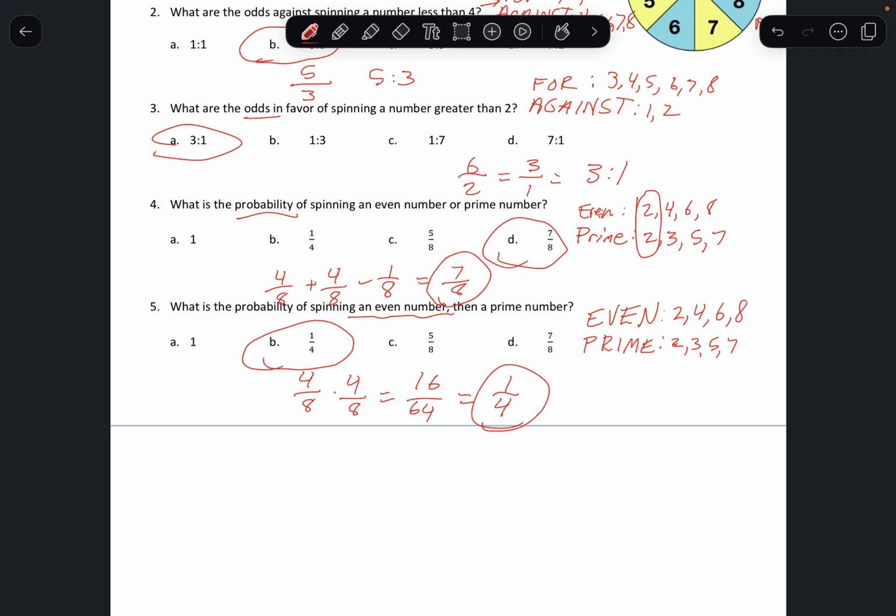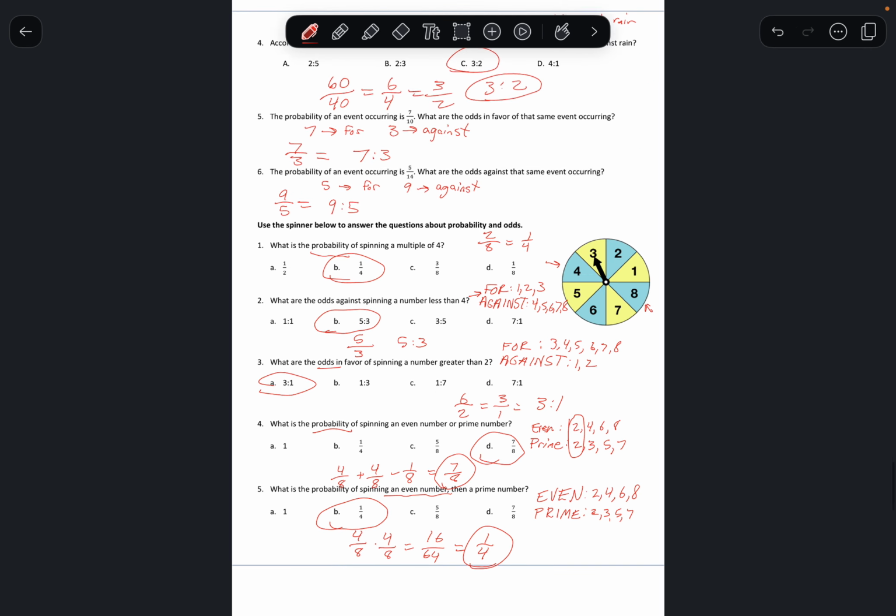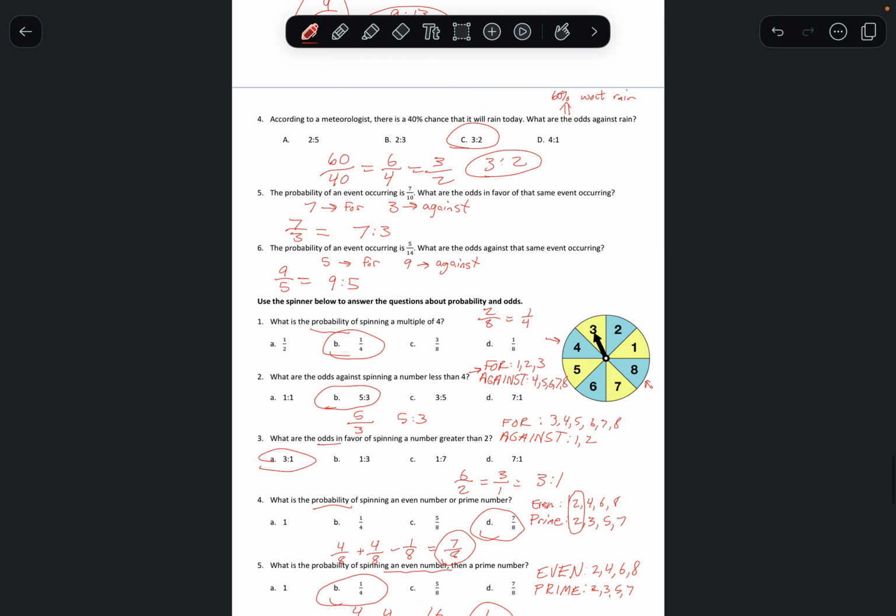All right, and that's just review. Those two problems were just review for 4 and 5. The big thing here, going back to what we did at the beginning, is to understand whether we're looking at probabilities or odds. Probabilities are comparing something favorable to the total number of options.